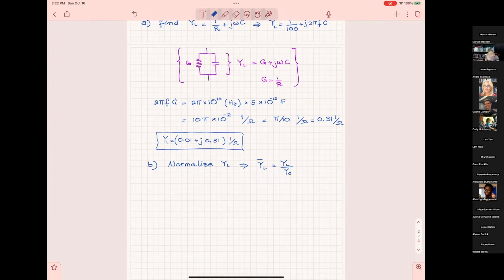And what is Y naught? Nothing else but 1 over Z naught. Okay? How much is Z naught? Z naught is 50 ohms, all right? So it's 1 over 50.